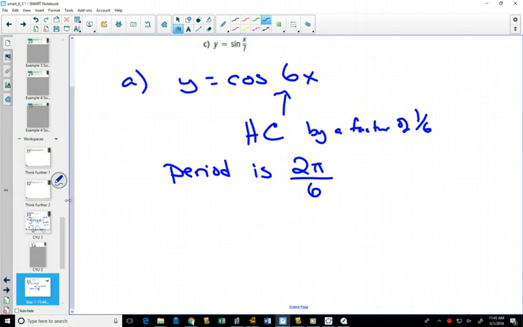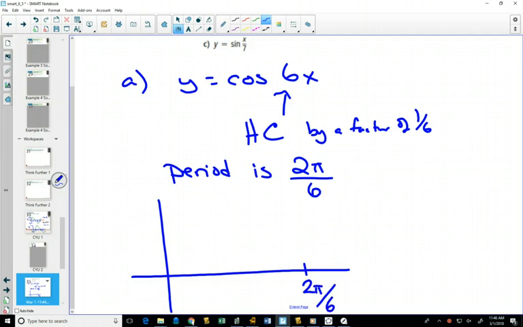If we were going to graph this, instead of marking one period here at 2 pi, we'll now mark one period as 2 pi over 6. And we're still going to divide this into 4 equal sections.